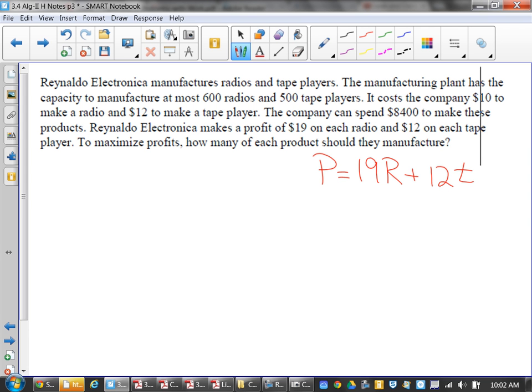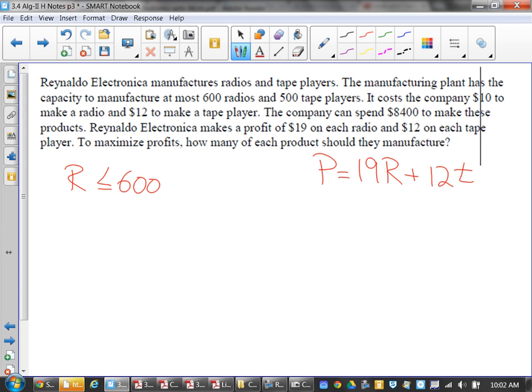All right. So we go back to the beginning then. It says that they can make at most 600 radios. So is that the most they can make or the least they can make? The most. So for radios, can they make 600? Yes. So it's less than or equal to 600.